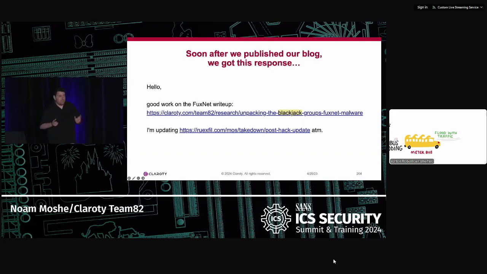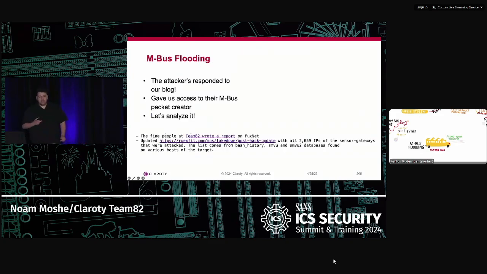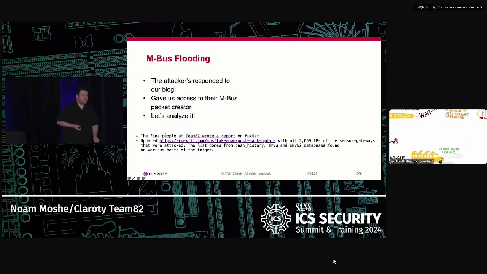Specifically in the meter bus, you were a little bit incorrect. Here is the actual thing that happened. And that's when the attackers added some additional data to their blog and release, giving us access to their make MBUS packet function, telling us what they actually did behind the scenes.